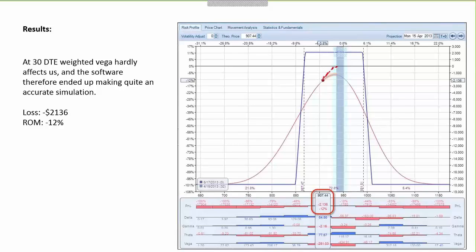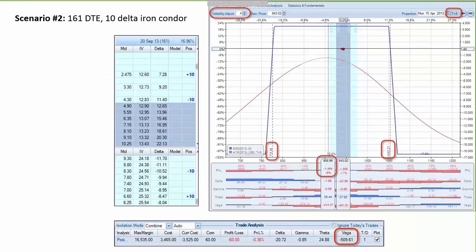So now let's look at the dangerous long-term iron condor. Long-term iron condor, 5.3 months out, 10 delta. And our Vega is quite a bit bigger than our prior one. Danger, negative Vega is too big. If Vega goes up, we're going to get smacked. Now recall, the prior 30-day iron condor was down 12% overnight.